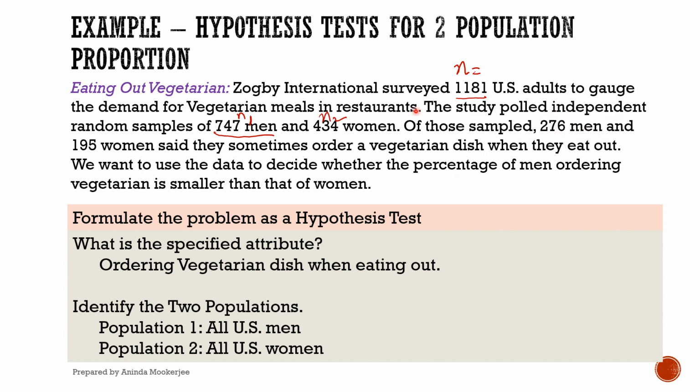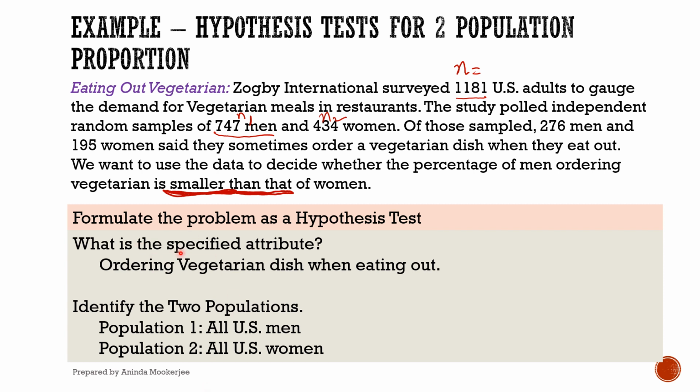That means they met that specified attribute out of the 747 men, and 195 women out of the 434 women polled said they order a vegetarian dish. They met the criteria. So we want to decide whether the percentage of men ordering vegetarian is smaller than that of women. So that's going to represent our alternate hypothesis. I'm going to underline this word, smaller than, because that's going to help us state our alternate hypothesis.